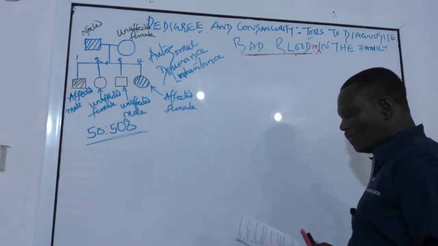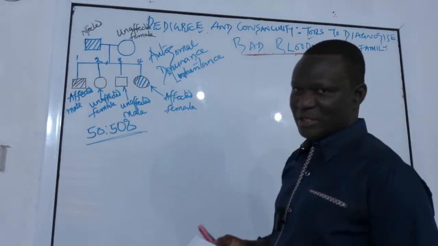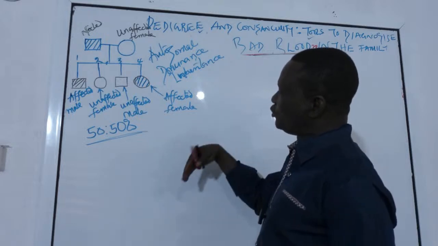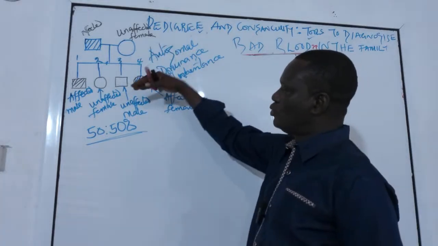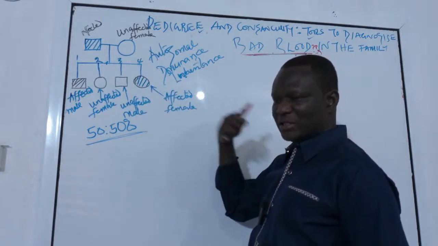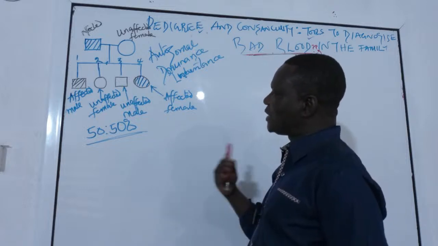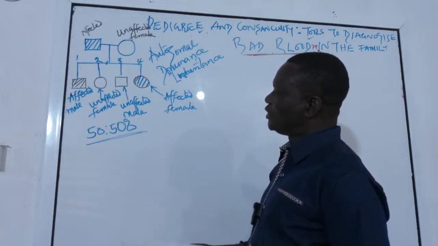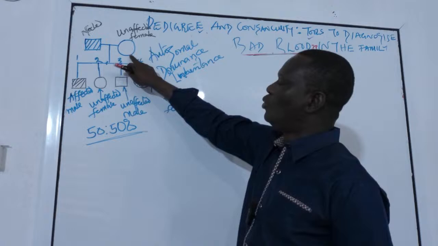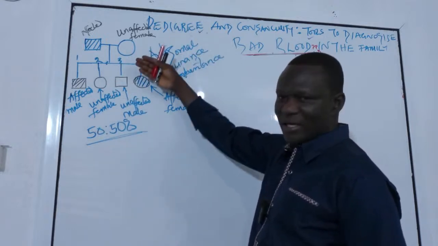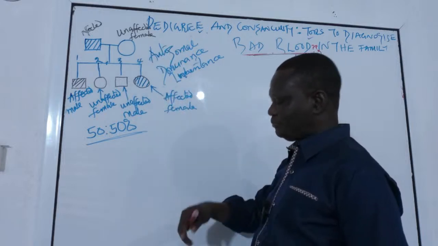So as a geneticist and genetic counselor, you have to start asking some probing questions, and by the time you do, you will be able to know where they might likely be from.